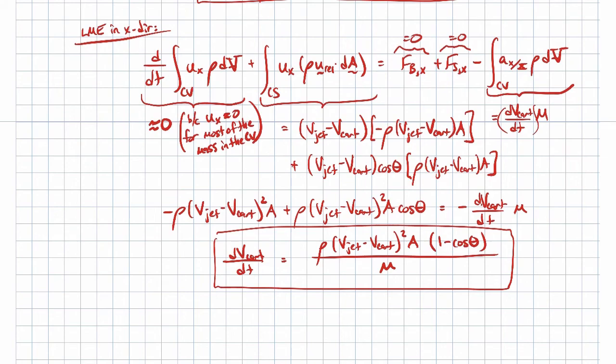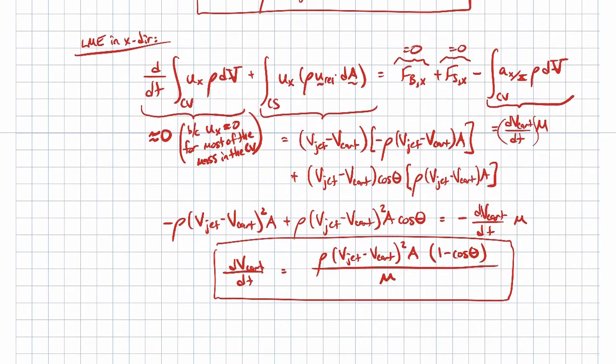The very last thing I'll say is we could also do part C of this problem using the capital X coordinate system. So we don't have to use the little x coordinate system. We could use the capital XY coordinate system and rework this. If we did that, this term would be 0 because that coordinate system doesn't accelerate.